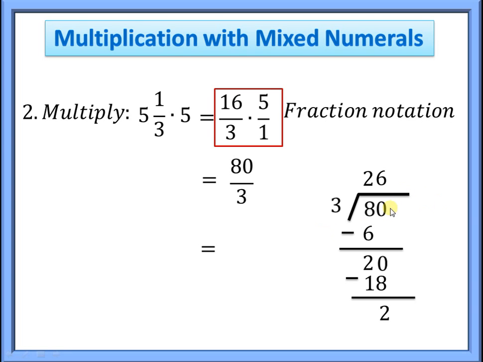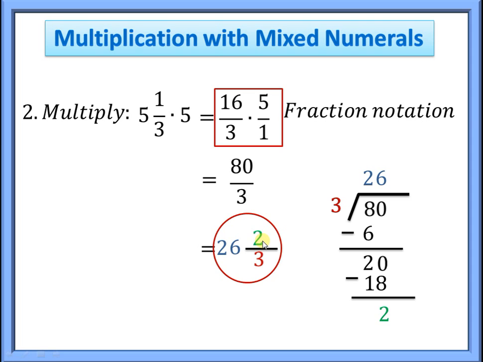Since there's no more number here, we will stop, since we cannot divide 2 by 3. So let's put it now in mixed numerals. We have the whole number 26, the 2, the remainder, is on top, and the denominator is 3. So this will be our final answer.